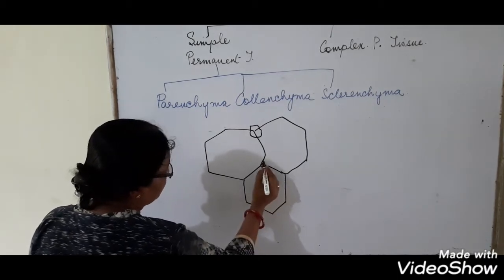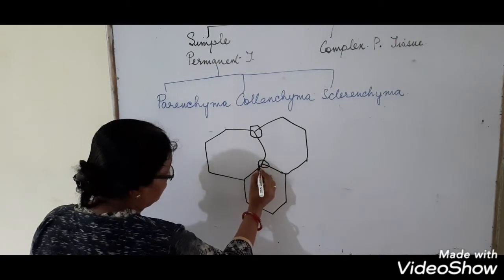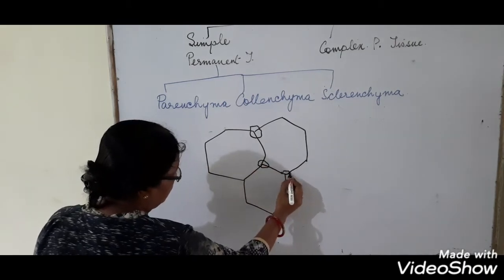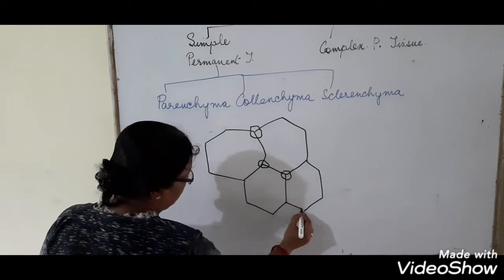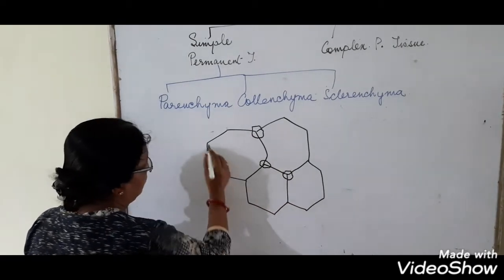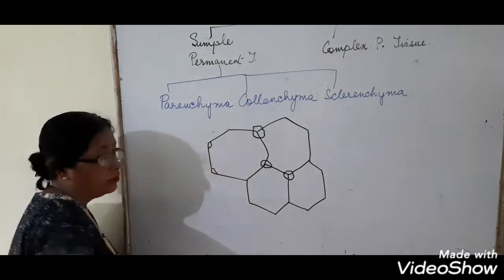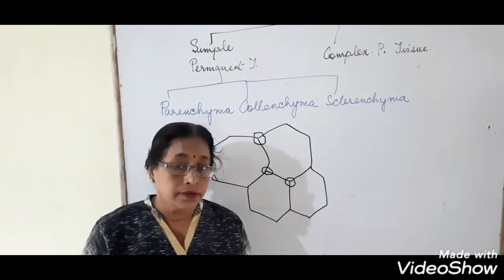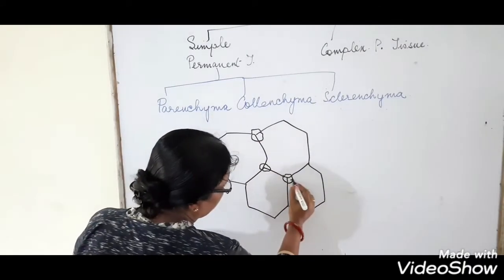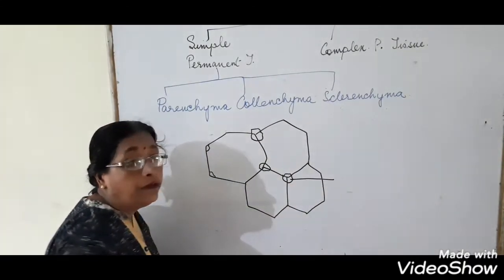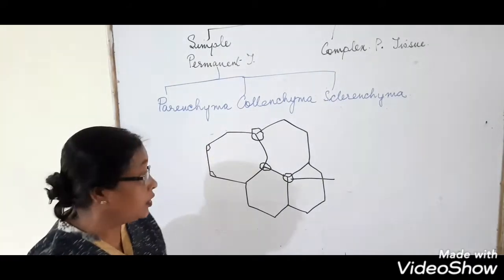These thickenings are made up of pectin and cellulose.